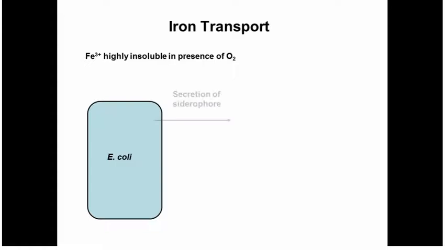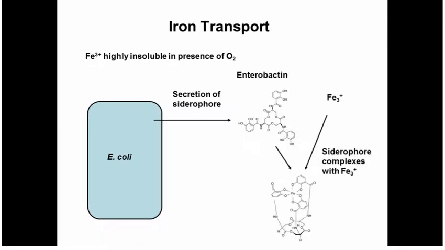So in E. coli and pretty much every bacterium, they do this by secreting what's called a siderophore. A siderophore is a small organic molecule that has a very, very high affinity for iron 3, so for ferric iron. So these siderophores complex with iron.